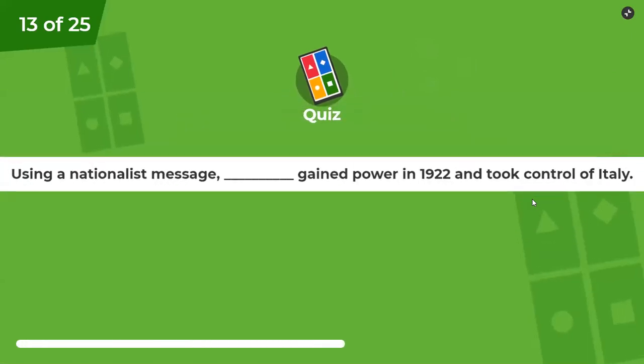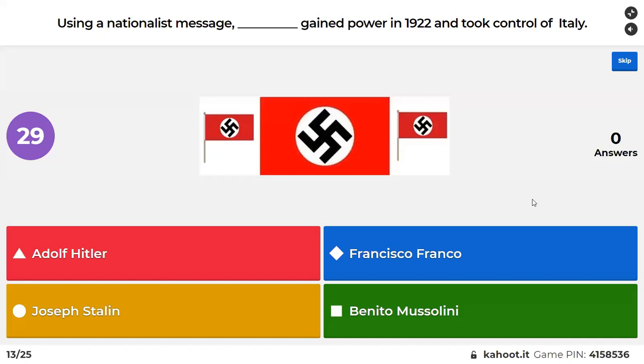Using a nationalist message, what gained power in 1922 and took control of Italy?